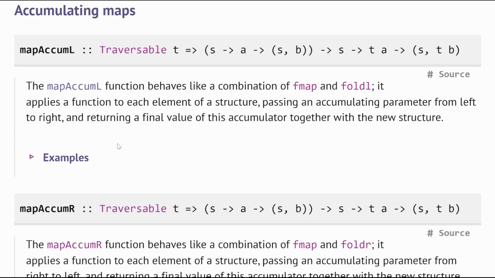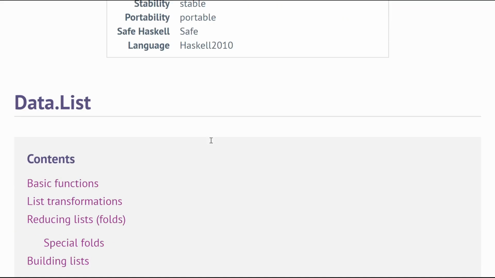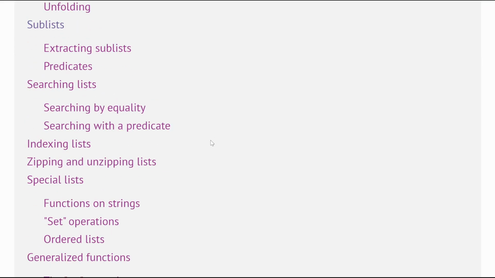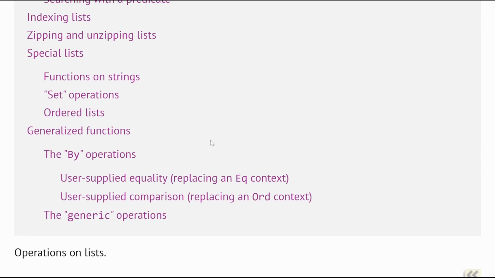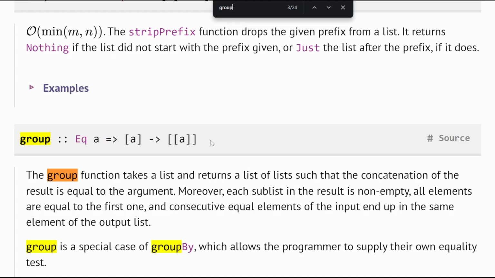Accumulating maps? Oh, I see. Not a map as in Data.Map, but as in the map function. I don't want that. So the group function is not really what I want.